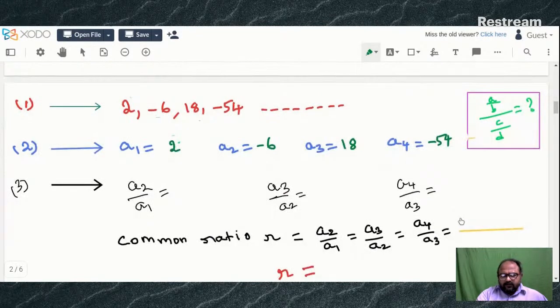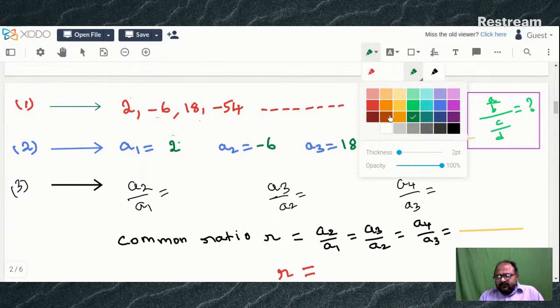Now can you find a2 by a1? Students can respond in the chat box. Can you find a2 by a1, a3 by a2, a4 by a3 using this given information?